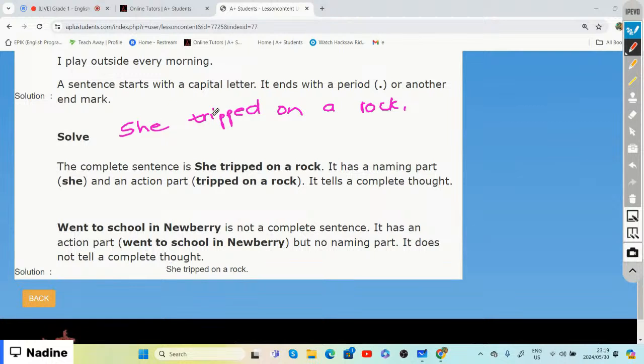It says "she tripped on a rock." What do you think is our naming part? The person or thing.